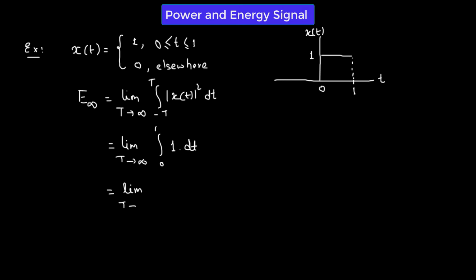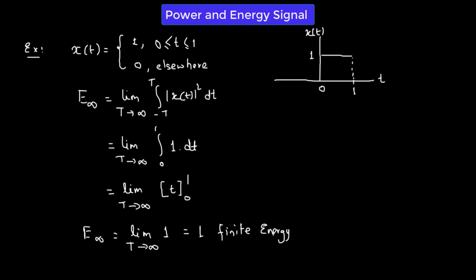The integration of 1 dt is simply t, with the limit from 0 to 1. So the value is simply 1. Here we have an energy value which is finite. This is a finite energy signal.